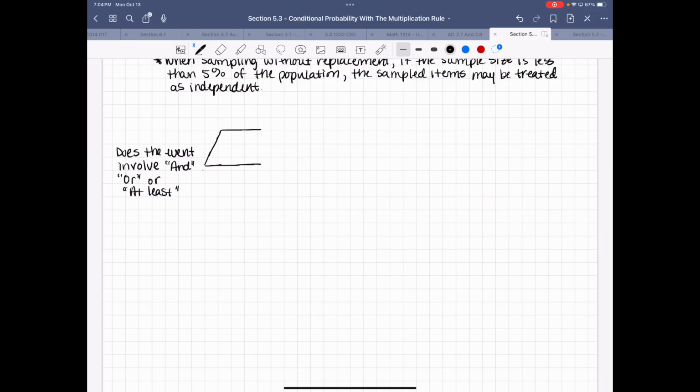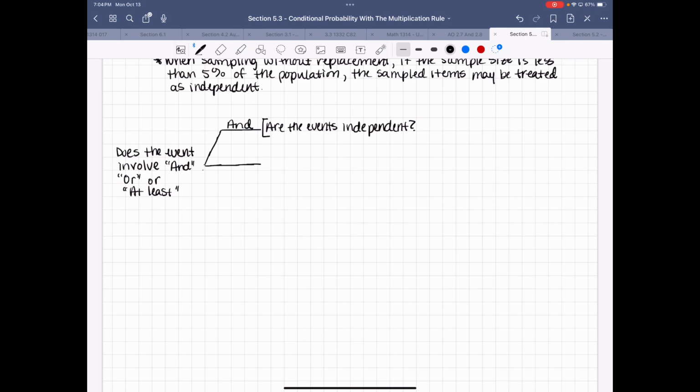And this one is going to say if it involves and, we ask ourselves, are the events independent? Okay? And this one kind of tells you which formula to use.